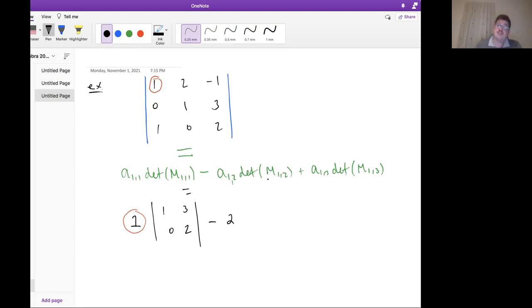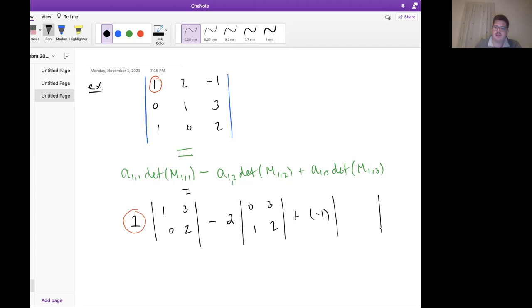And then what's M12? Yeah, 0, 3, 1, 2. Please stop me if something doesn't make sense. And then what's A13? -1.